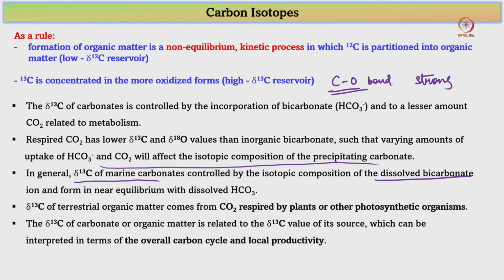Also, the delta 13C of carbonate or organic matter that is related to the delta 13C value of its source can and will show the overall carbon cycle and the local productivity. So, for example, you look into a system which is like a soil, a very old soil, so it is called a paleosoil, okay, and you go and measure the delta 13C, and we will notice that for certain plants, certain organisms, the delta 13C values are very different.